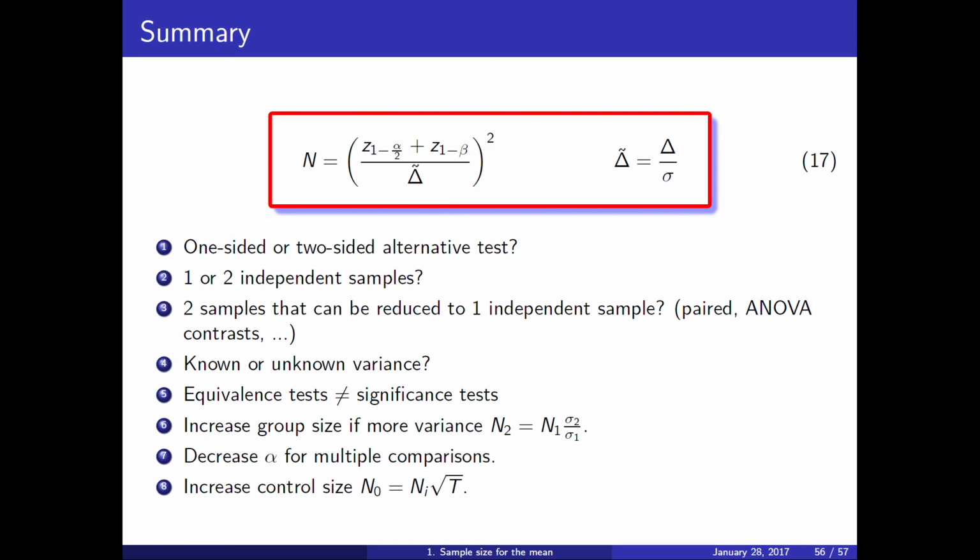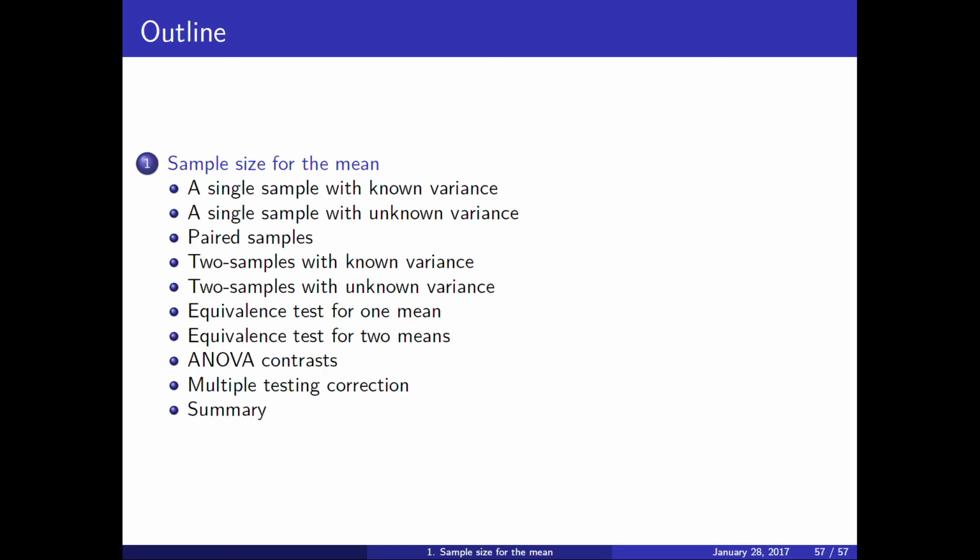And remember that you can increase the sample size if one of the groups is more variable than the other. And if you are doing multiple comparisons, remember to decrease the alpha, because otherwise you are increasing the family-wise false positive rate, and increase the control size if you plan to use it in multiple comparisons. And this would be all for the means, and see you in the next lecture.